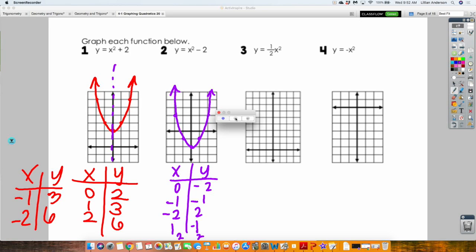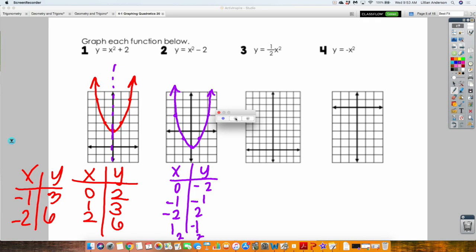What's another point? 1. What's 1 squared? 1. Plus 2? 3. Is everybody seeing where we're getting these numbers from? All we're doing is plugging them into the original function. What's another point? 2. What's 2 squared? 4. Plus 2? 6. You just continue this process: (2, 6).